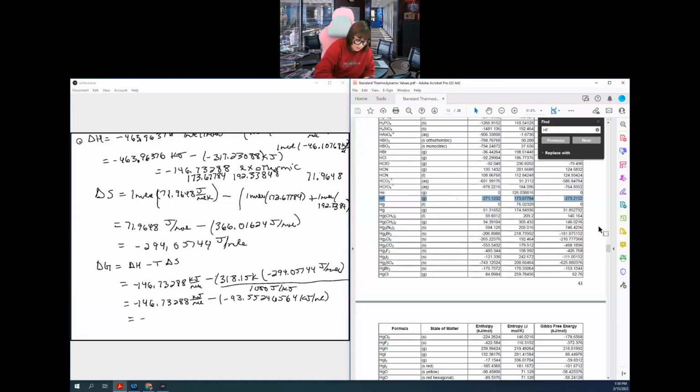And that gives me a negative 53.18041436, and that's kilojoules per mole. Now, when I look at this, I can see that delta G, even at that temperature, is still negative. So that S term has not become big enough to make it non-spontaneous.